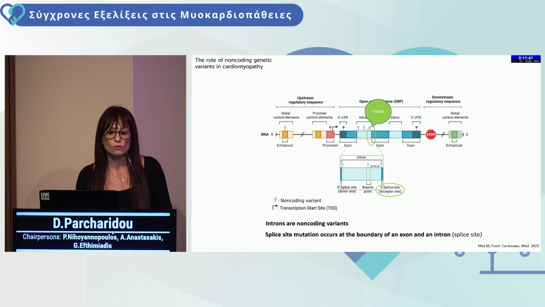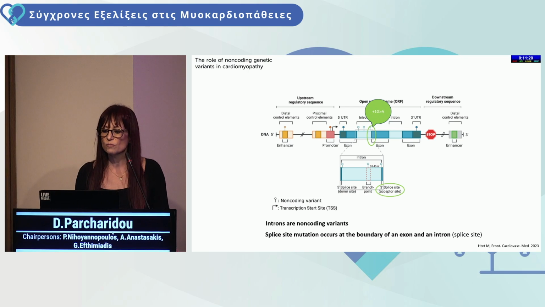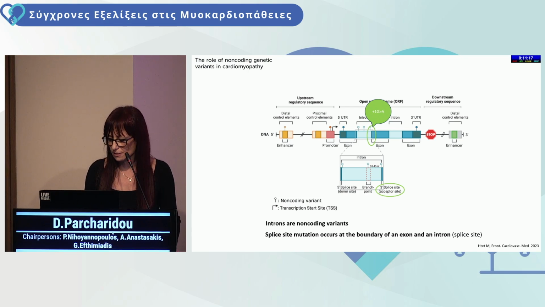So, introns are non-coding regions. A splice site mutation occurs at the boundary of an exon and an intron. The intron lies between two exons, and the boundary between the intron and the previous exon is called the donor site, and the boundary between the intron and the next exon is called the acceptor site. So the mutation of our patient was at the acceptor site.